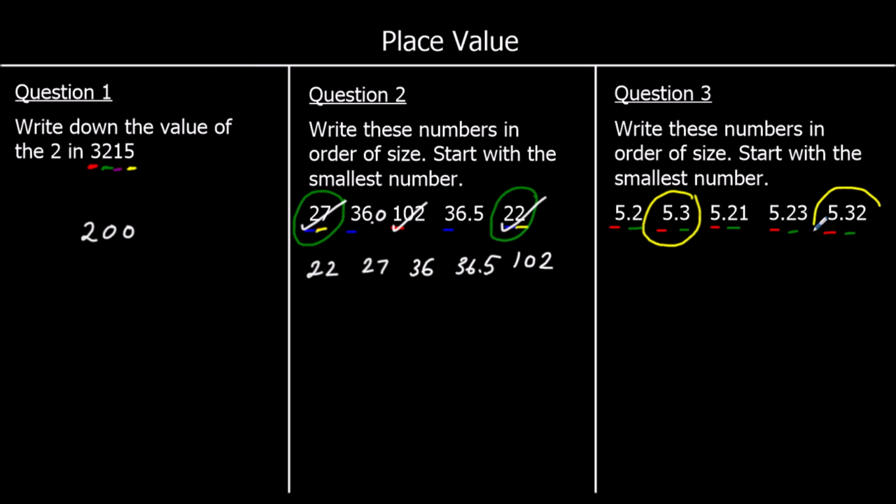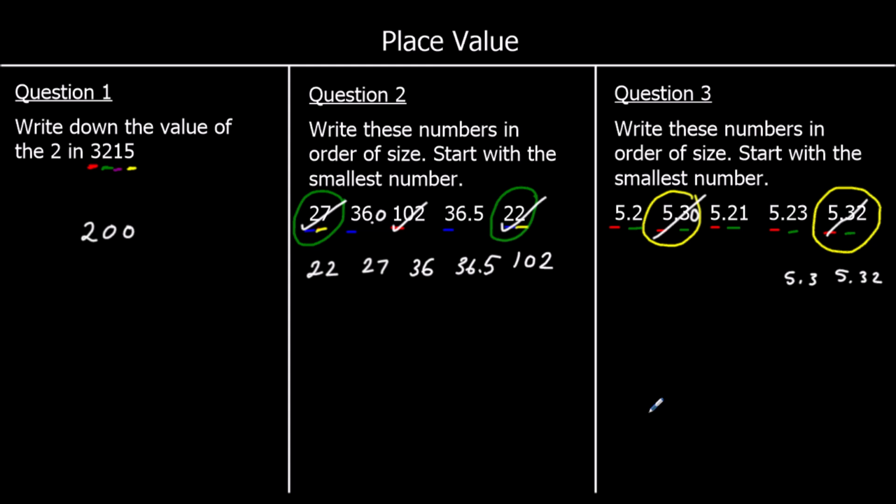Let's compare them. So in the hundredths, 5.32's got 2. 5.3's got nothing there. So the biggest number is 5.32. Then 5.3, going backwards from biggest to smallest.